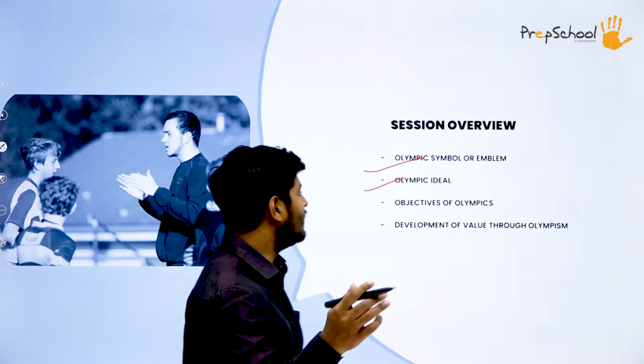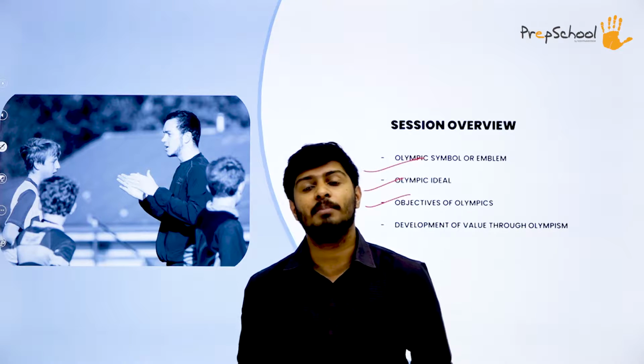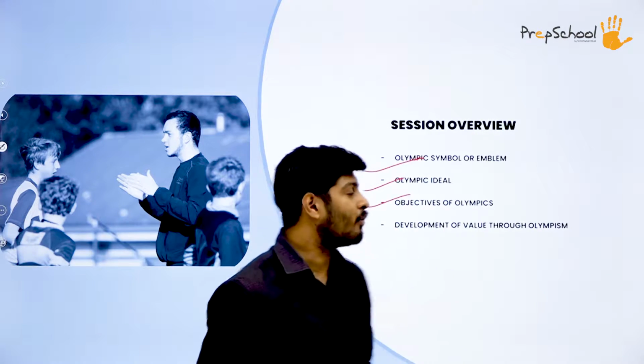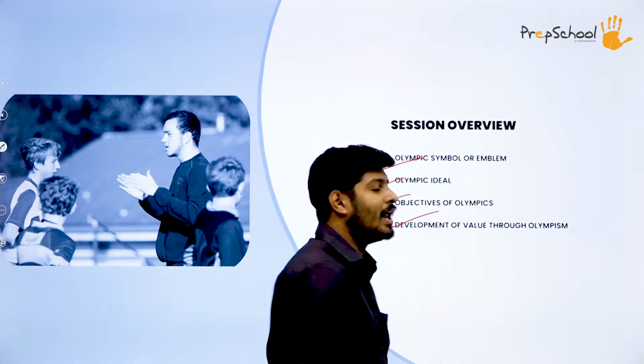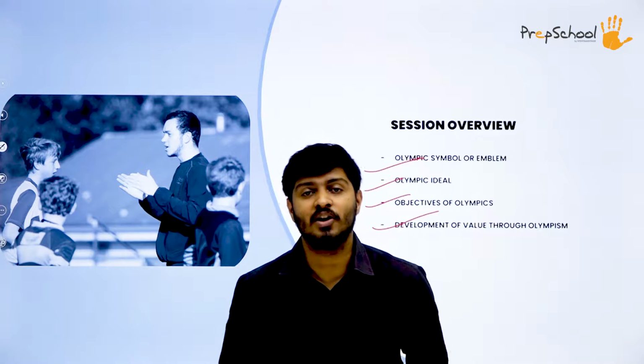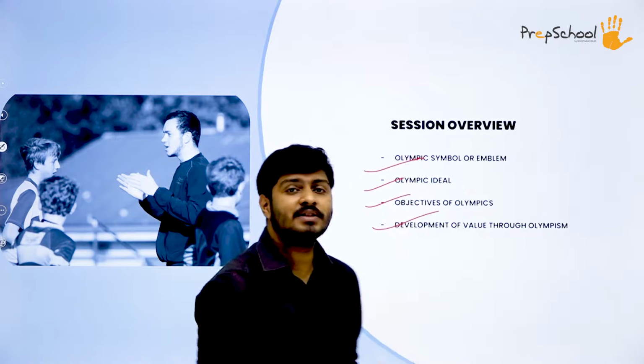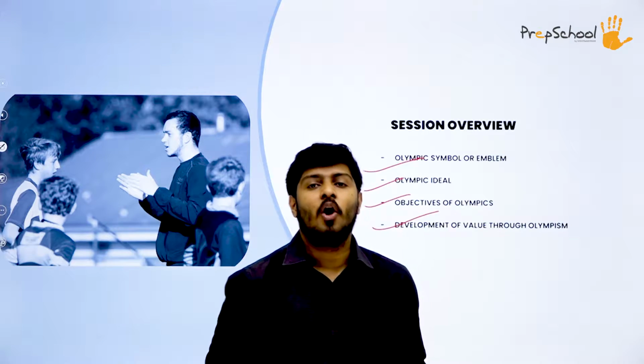Later, we will study the objectives of Olympics, where we will look into the different notions behind conducting Olympics. And finally, we will study various developments of value through Olympism. So what values are developed when you practice Olympism or take part in Olympics? Having said that, let's carry forward with our first topic, that is the Olympic symbol or emblem.